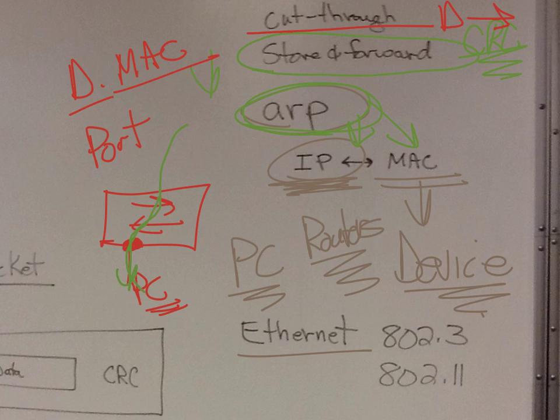When this information leaves and heads on out, and let's say goes to the internet, and when it comes back, there's going to be some routing device that's going to know the IP address, and it's going to assign the MAC address so that when it hits the switch, it goes to the correct PC.